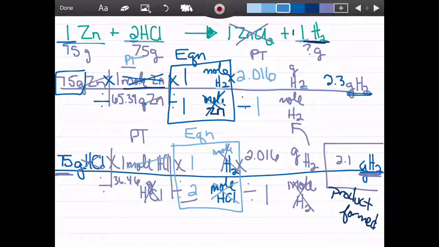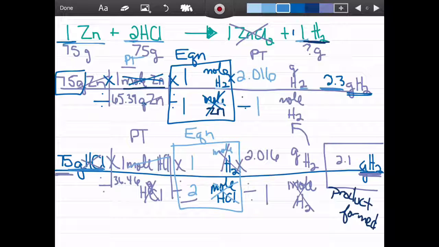This 2.1 grams that we just found tells us that I can make 2.1 grams of hydrogen if I use all of my hydrochloric acid, which means it's gone after 2.1 grams. So there's no possible way that I can make 2.3 grams of hydrogen because after 2.1 I'm out of HCl.